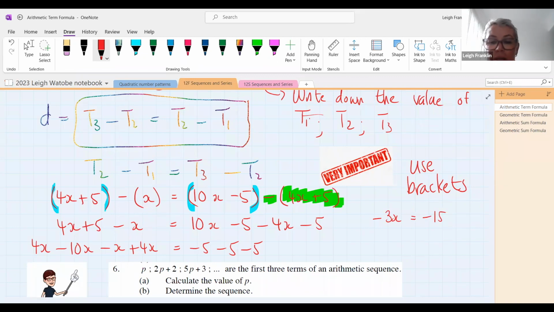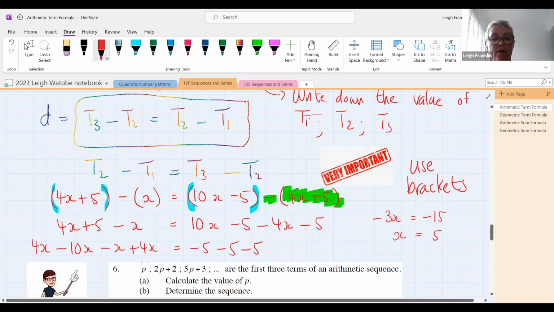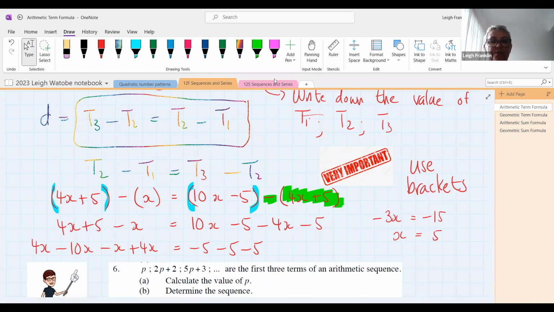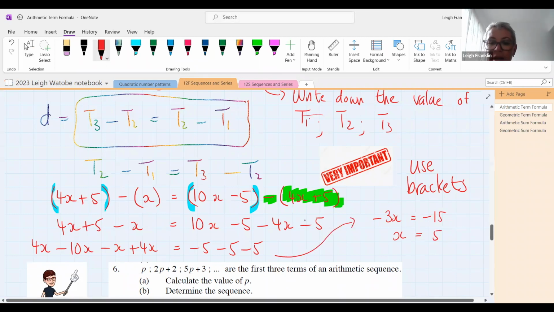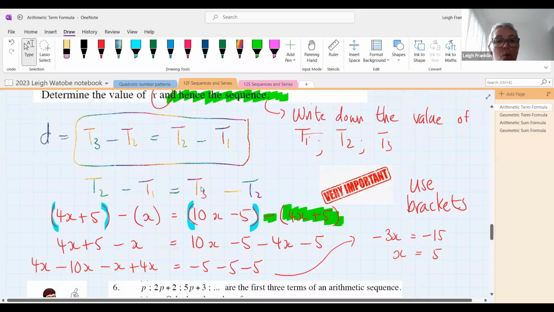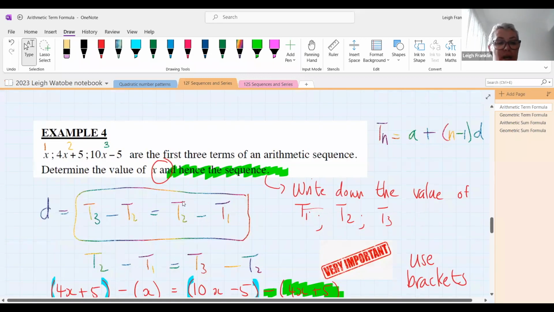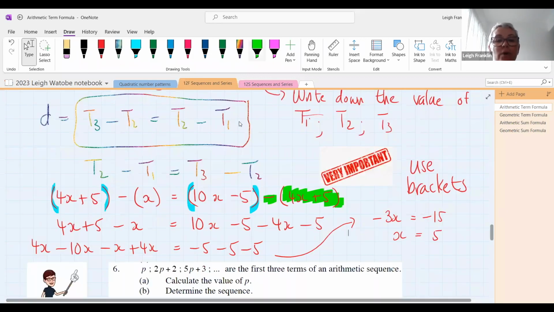So dividing both sides by negative 3, I work out that x is equal to 5 in this case. Are you guys getting the same answer? Good, yes, well done. I'm sorry I ended up writing up here. I should actually be writing underneath where I am, but I'm going to go into my next example, and unfortunately I can't move that down. Remember your equals signs should line up underneath one another. Good job, well done.